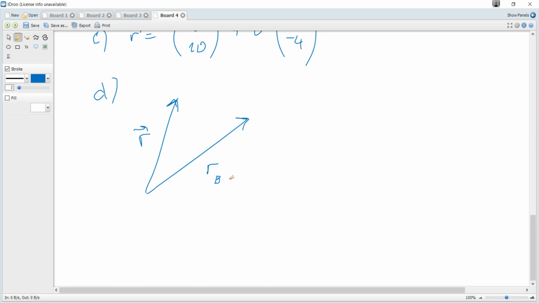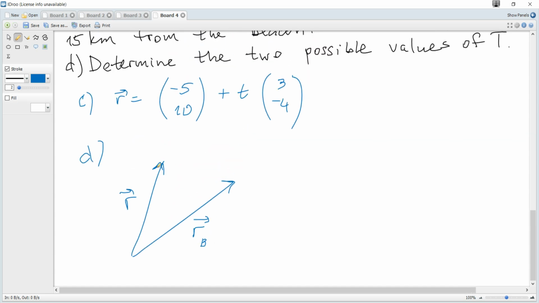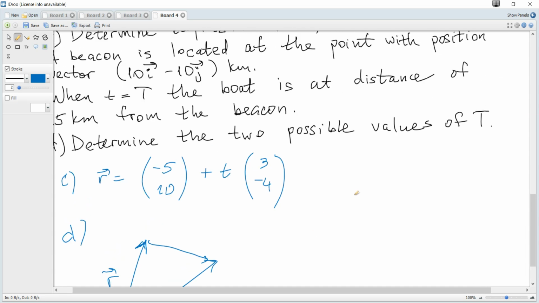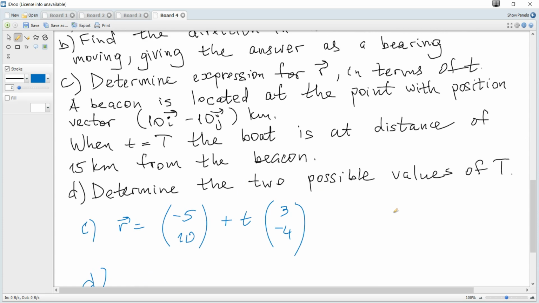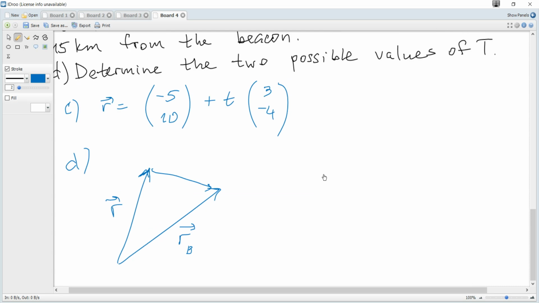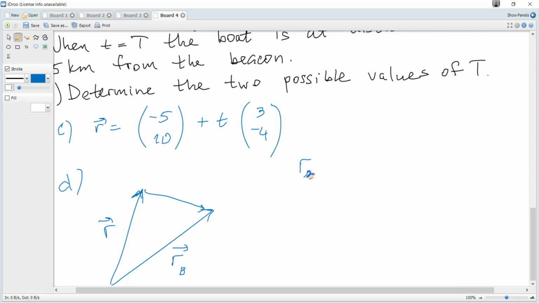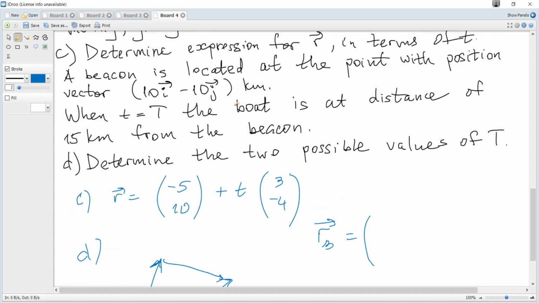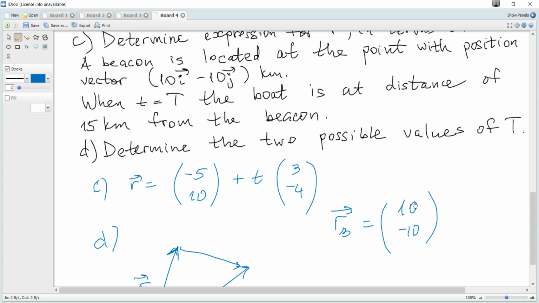Let it be RB, and it is given that at some moment of time this distance is 15 kilometers, and the position vector of the beacon is (10, -10).